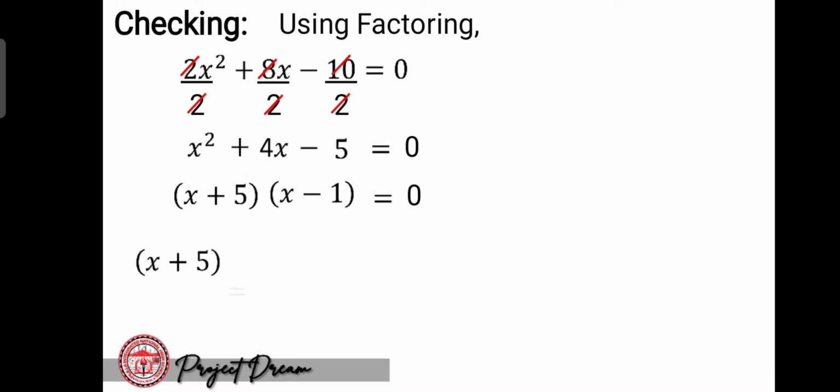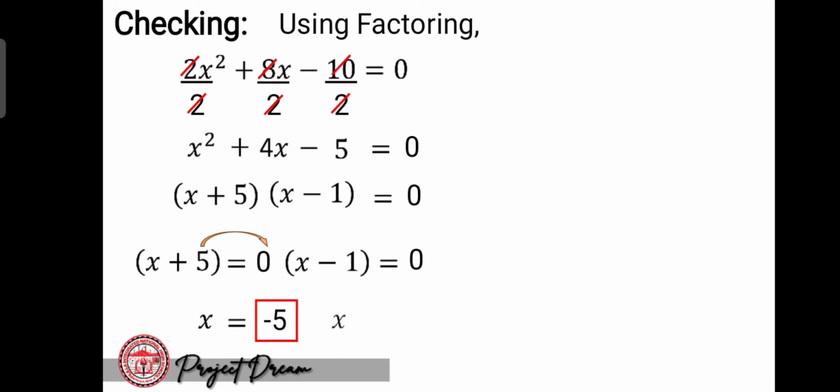Next, we will equate each to 0. So, it becomes x is equal to, from positive 5, it becomes negative 5. How about negative 1? If we transpose it to the right side, from negative 1, now it becomes positive 1.